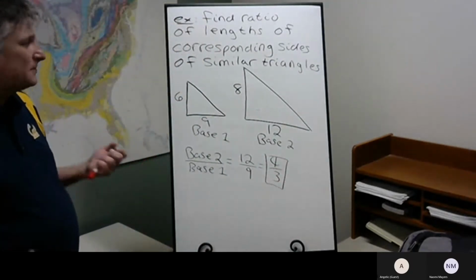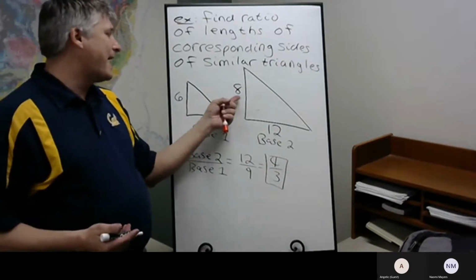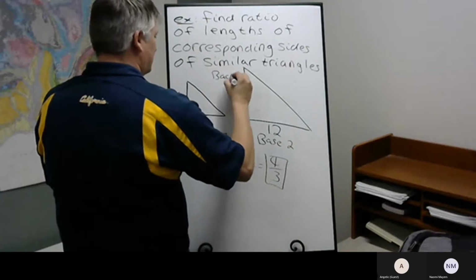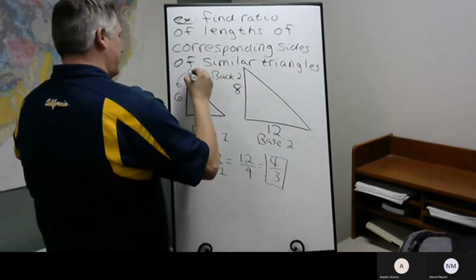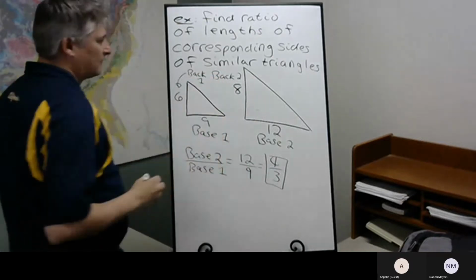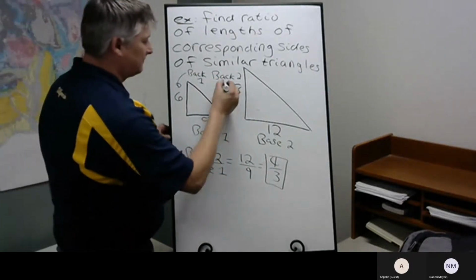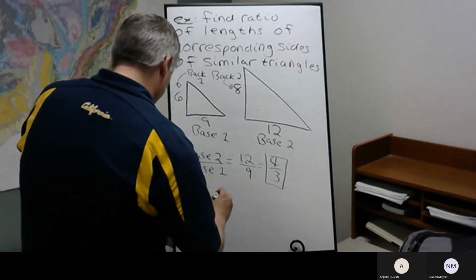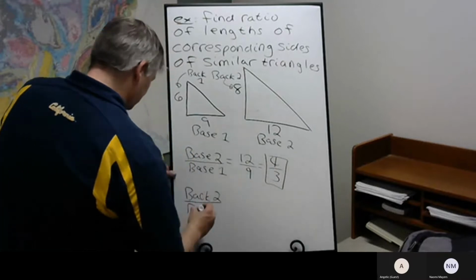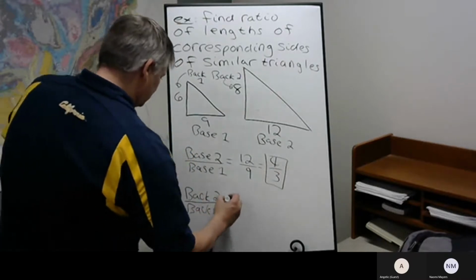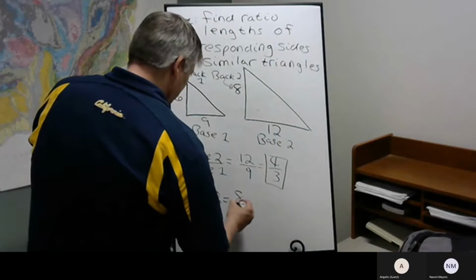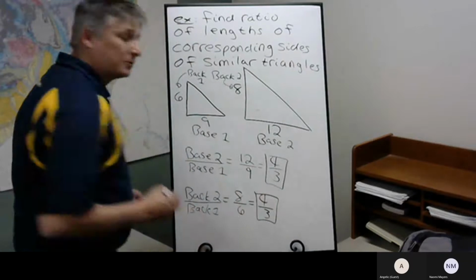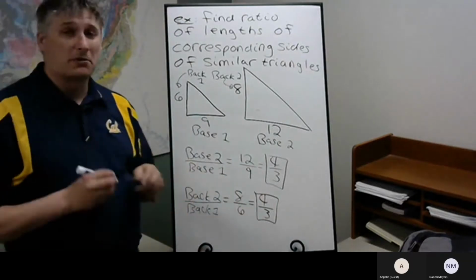Now, because these are similar, the ratios of the backs should also be the same. So if I call this back 2, this is back 1. If we take the ratios of these backs, well, they're going to reduce down to the same fraction, 4/3.